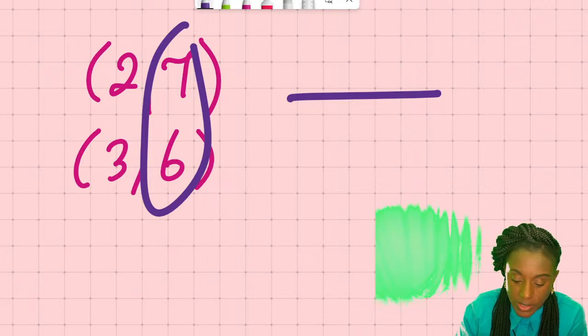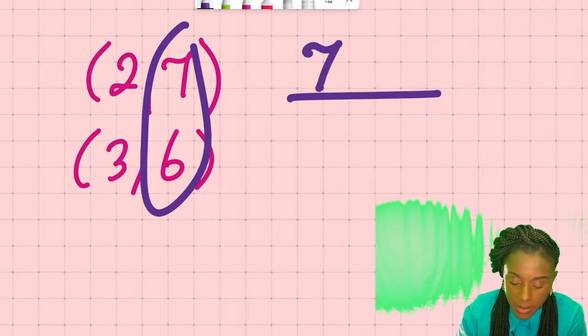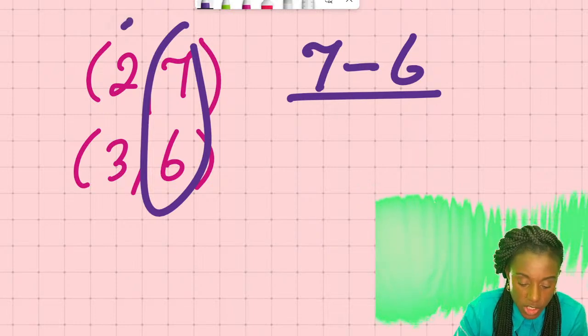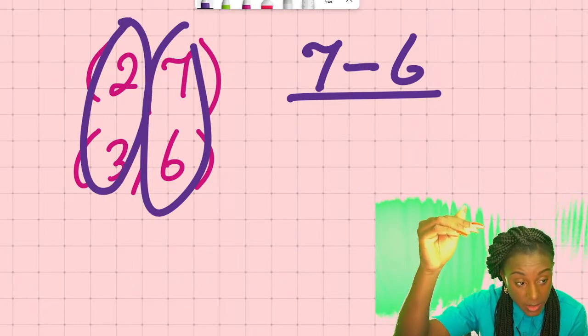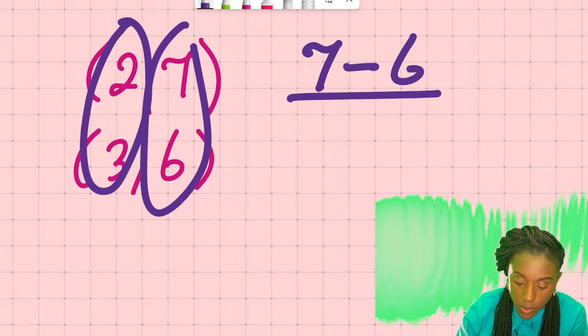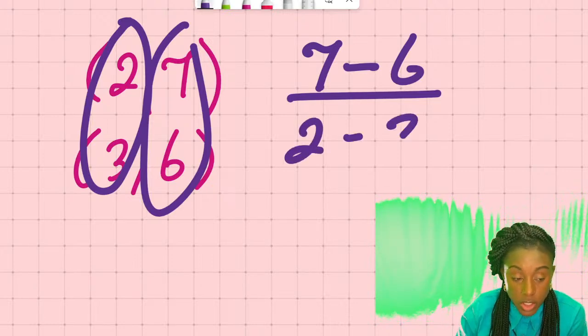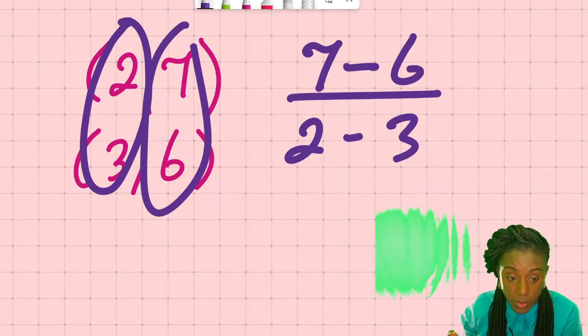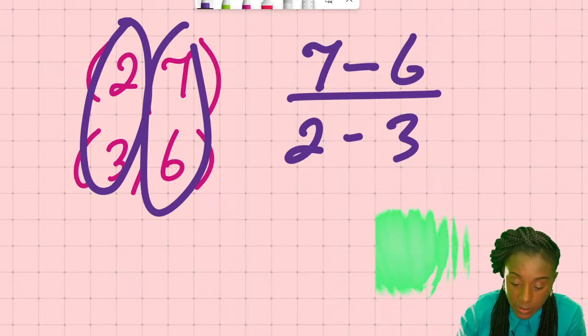So I say 7 minus 6. Then our change in x: starting at the top, 2 take away 3. It really doesn't matter which coordinate is placed at the top or the bottom. Your answer will still be the same.